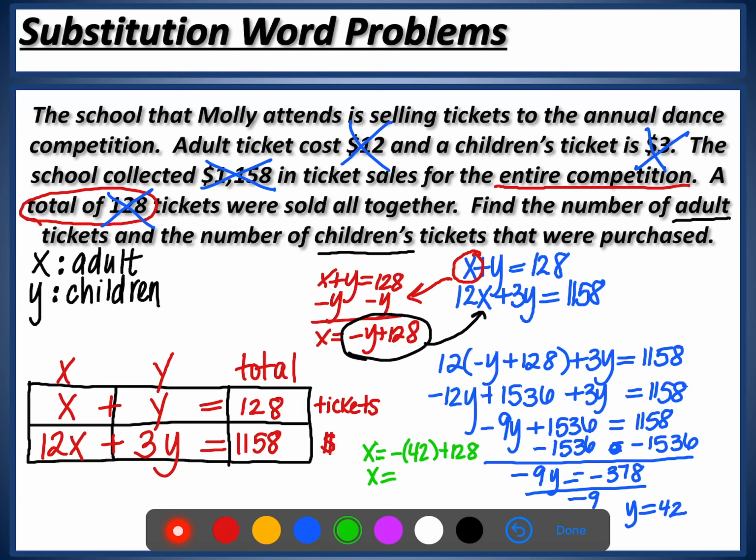Okay, I'm plugging 42 in. Okay, so our final answer here is that there were 86 adult tickets and 42 children's tickets.